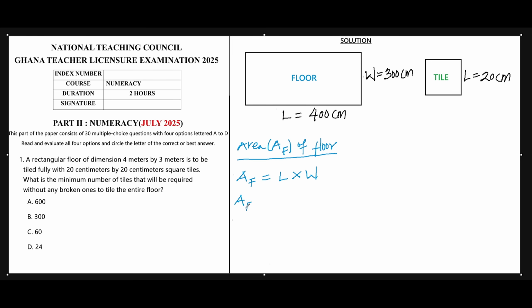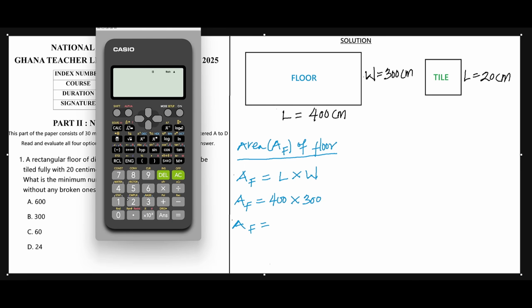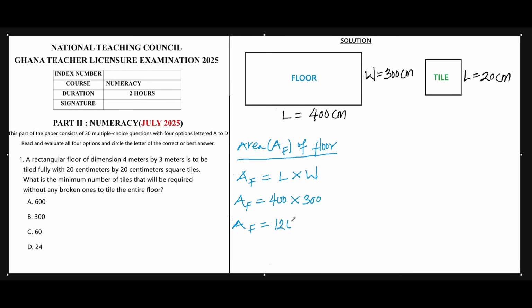Now with the length, we have 400 centimeters. With the width, we have 300 centimeters. So what will be the area of the rectangular floor? 400 centimeters multiplied by 300 centimeters. We have 120,000 centimeters squared. So that is the area of the rectangular floor.